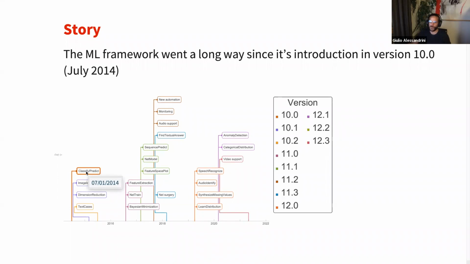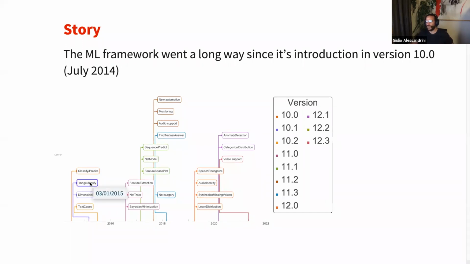I think this one was version 10.0. So it was the first version where we had actually any machine learning officially marketed as that capability in the Wolfram language. And we started with the two functions that have been carrying the framework since the beginning. So they're Classify and Predict. I'm going to talk about them later. I think most of you know what they do and what they are.